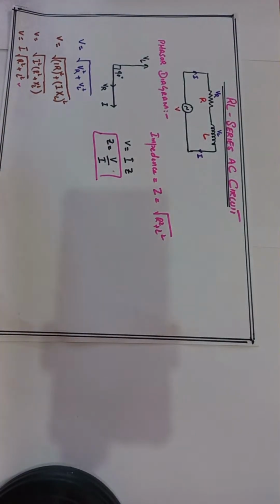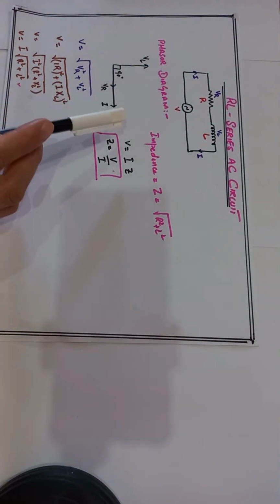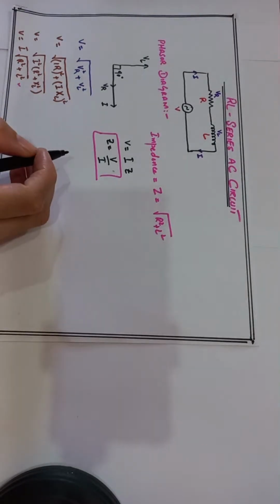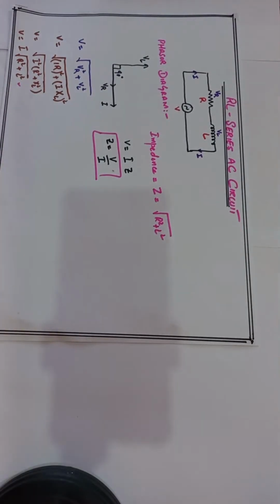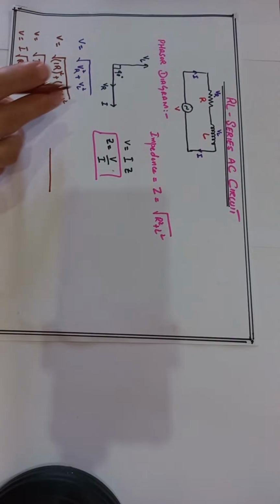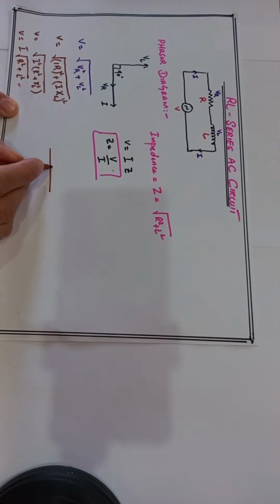Okay, we discussed the phasor diagram, then we found the applied voltage V. Now we find the phase angle. What is the phase angle? Here we draw the circuit phasor diagram first.